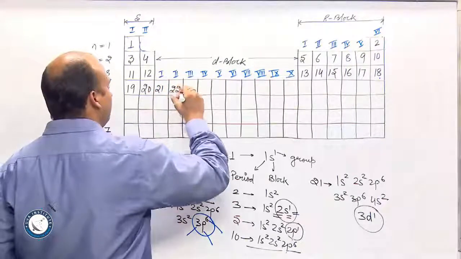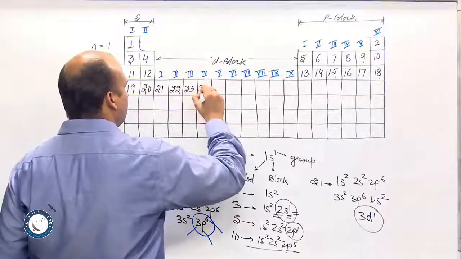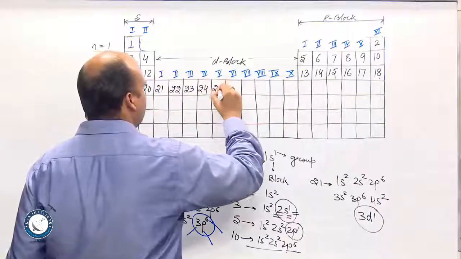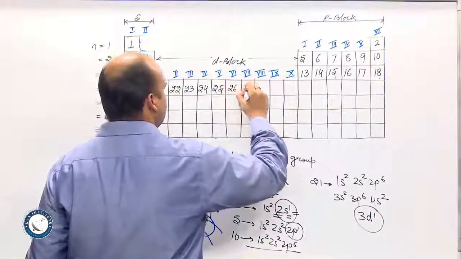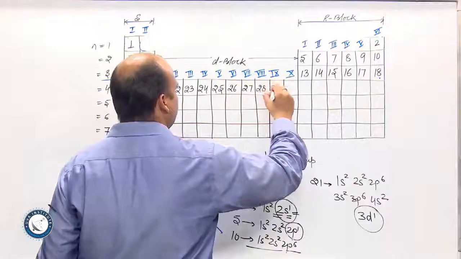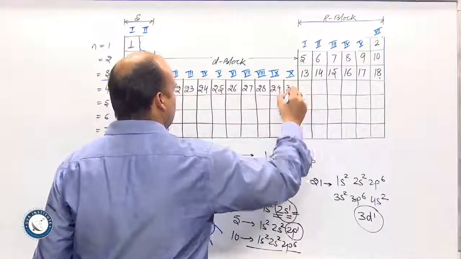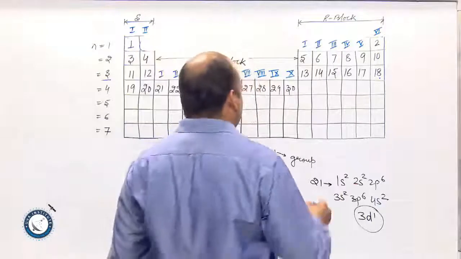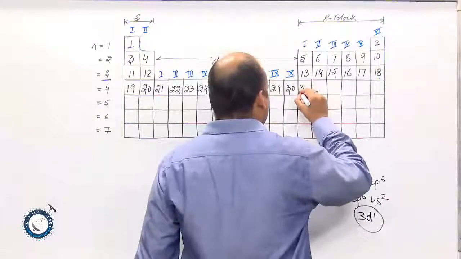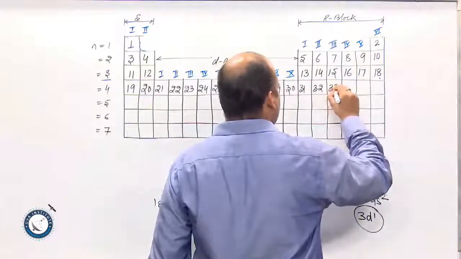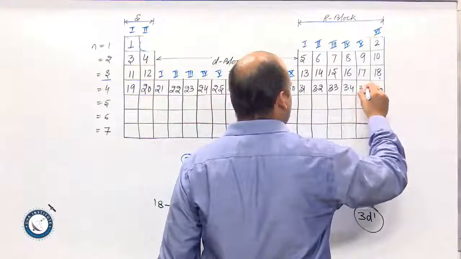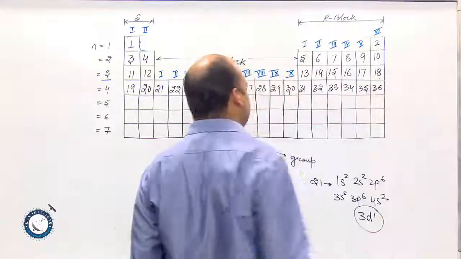So likewise we have got 22, 23, 24, 25, 26, 27, 28, 29, 30. 31, 32, 33, 34, 35, 36.